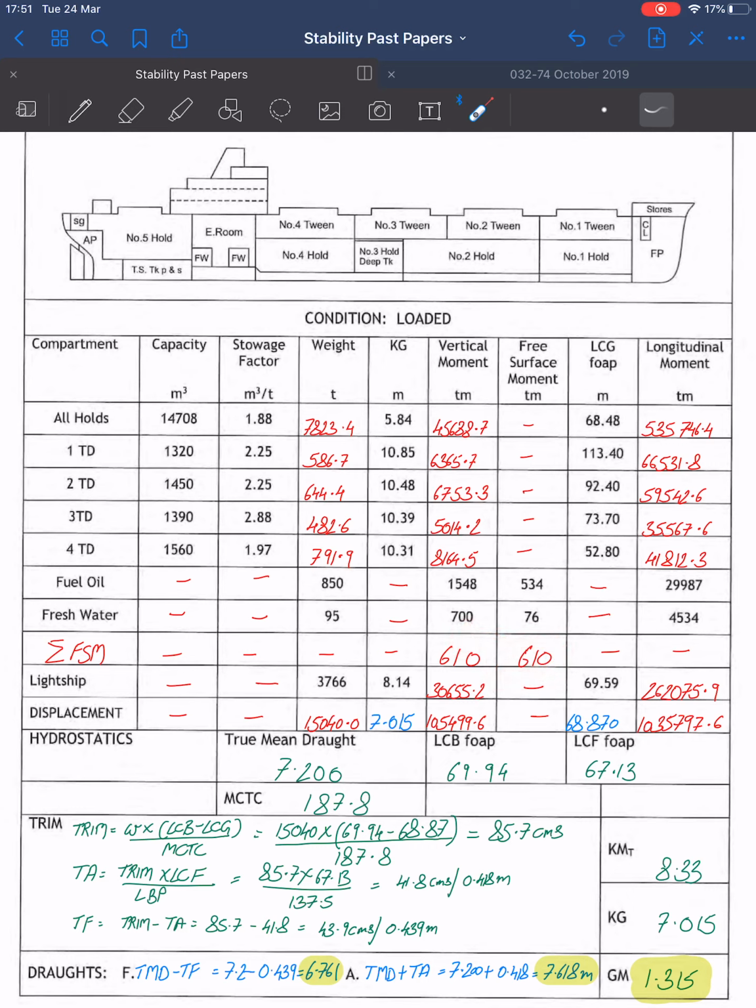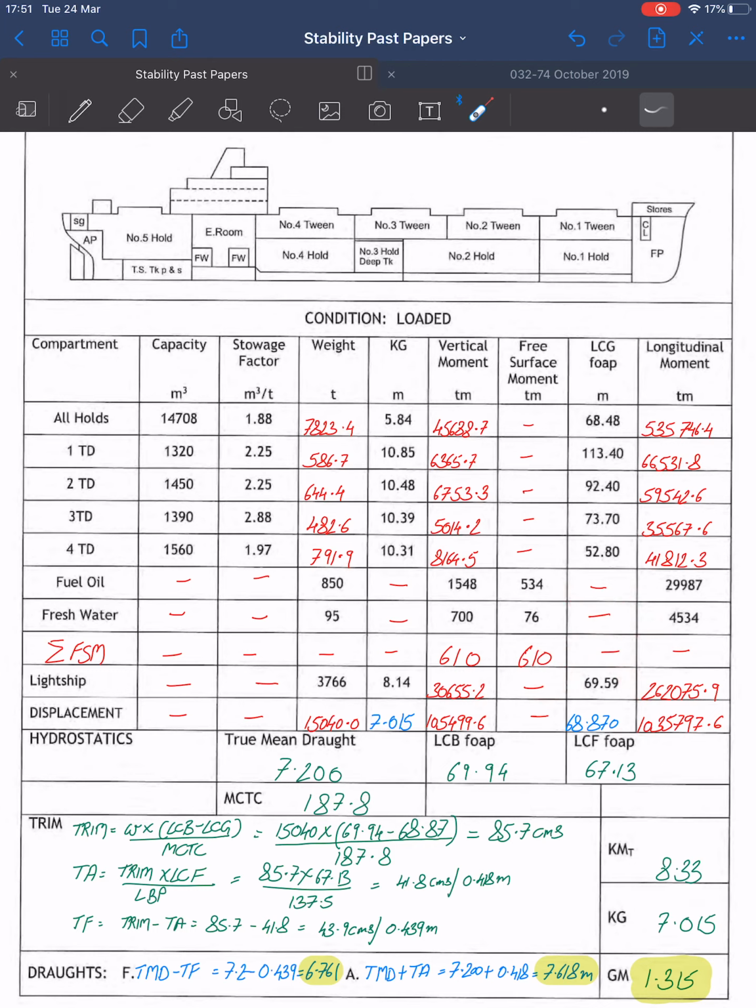Free surface moments is nothing to do with the longitudinal moment. So if we go this way, this is absolutely a big no. We don't have to do this. So we take the free surface moments and add it in the vertical moments table. Next is light ship. Light ship is again weight and KG is given.